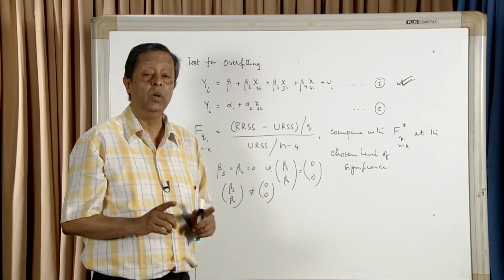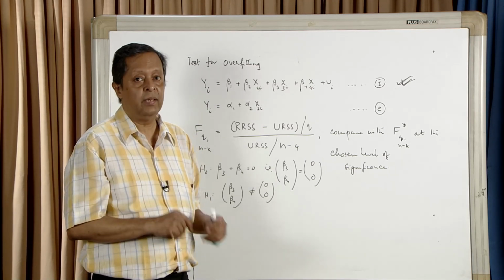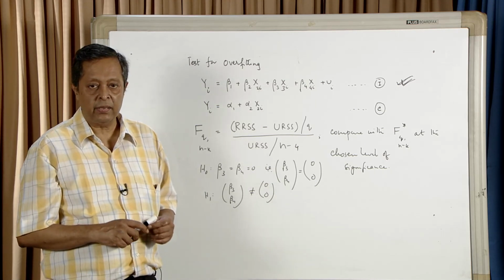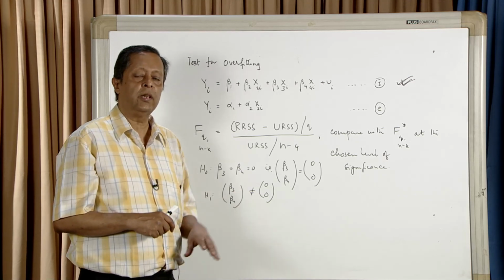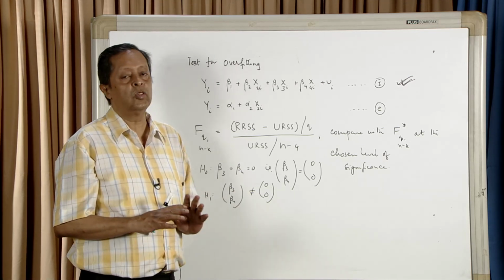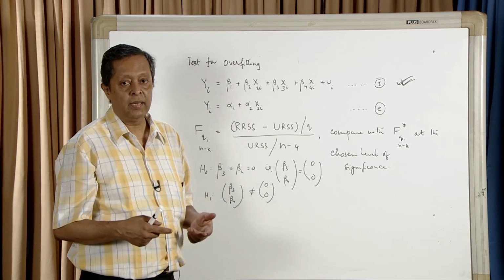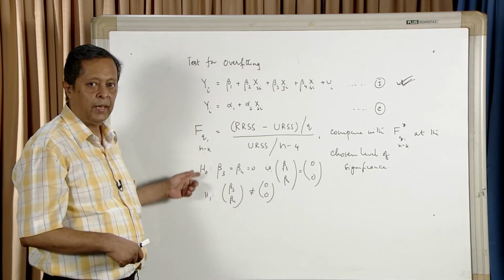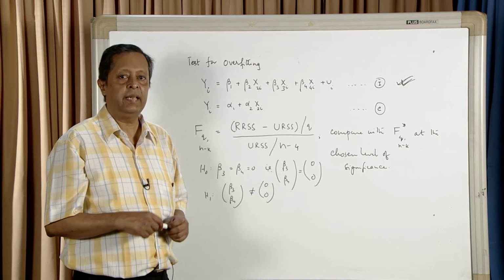This is true when the omitted variable is correlated with the variable that remains in the model, and the test that we carry out is an LM test for detection. Whereas, if there is an inclusion of an irrelevant variable, then there is no bias problem, but the variance again becomes larger, and this we can test by our familiar F test, or if you want a single coefficient, then you can use the t test.